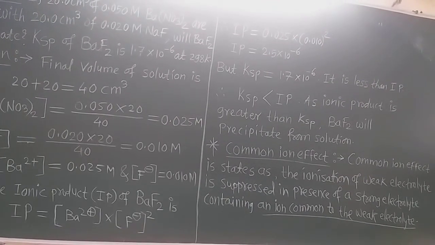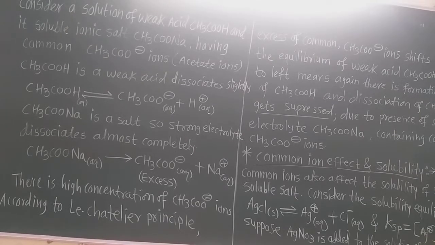Now let us learn the example of this common ion effect. Again pay attention, students, on the blackboard. We are learning the common ion effect. What is the statement or definition of common ion effect? The dissociation of the weak electrolyte becomes suppressed by addition of the strong electrolyte containing one common ion.